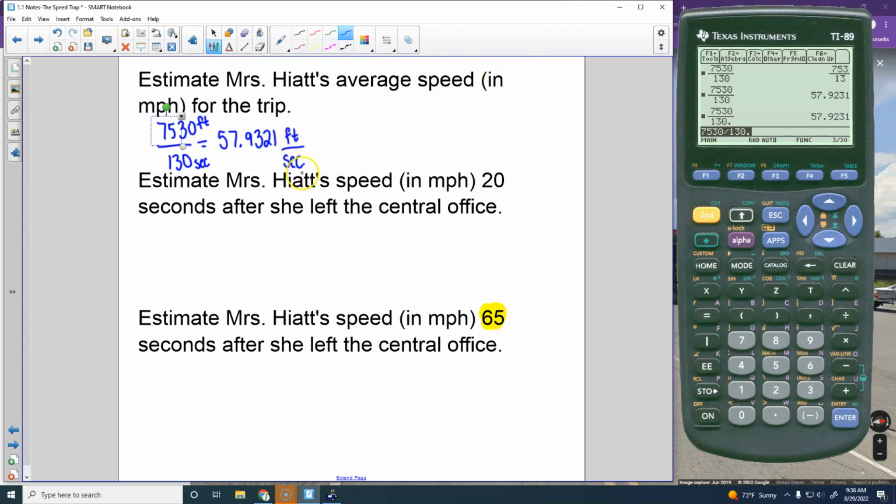So the way that I was taught to do this is if you have feet on top and you need to get rid of feet, you're going to put feet on bottom. And what unit do we want to change feet to? Miles. Okay, so feet is on top, so we're going to put it on bottom so it'll cancel. How many feet are in a mile?